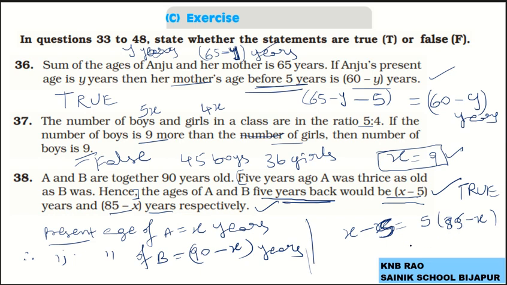Now if you solve this, you will get the right answer: x minus 5 equals 5 times 85 minus 5x. So, 5x comes this side, minus 5 comes this side, it becomes 6x equals 430.